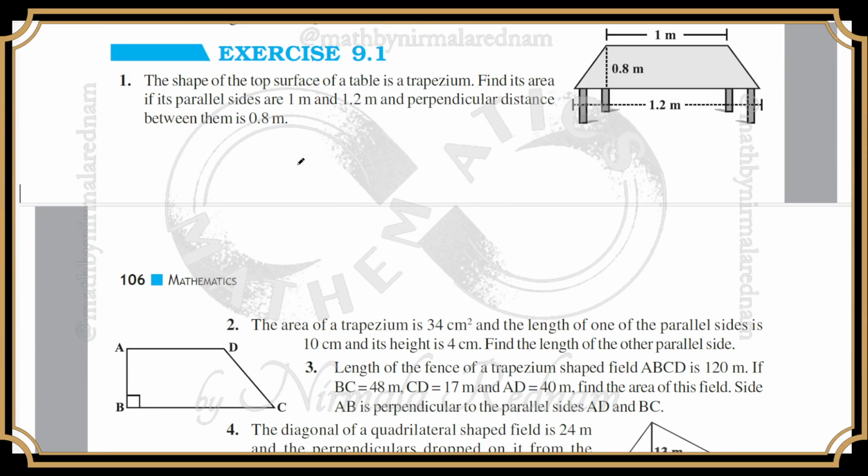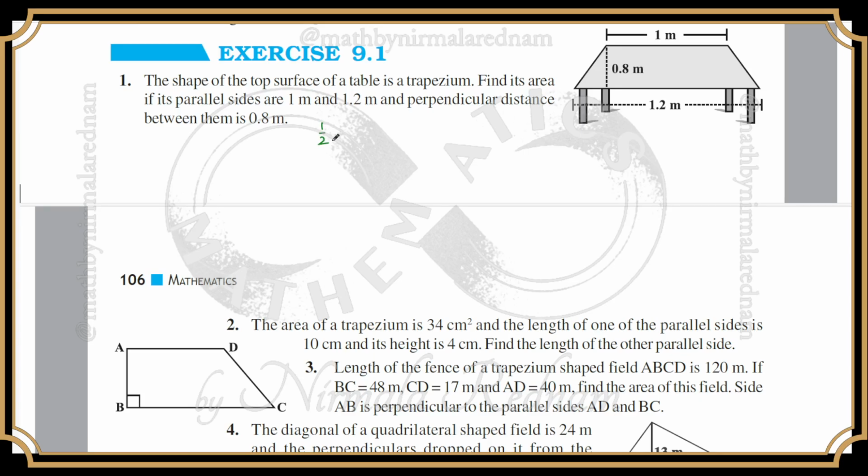Now here I have the first question. I have a trapezium shaped table and you are supposed to find the area. This is quite simple. We can do it here itself. We know the area of a trapezium is half h into a plus b.